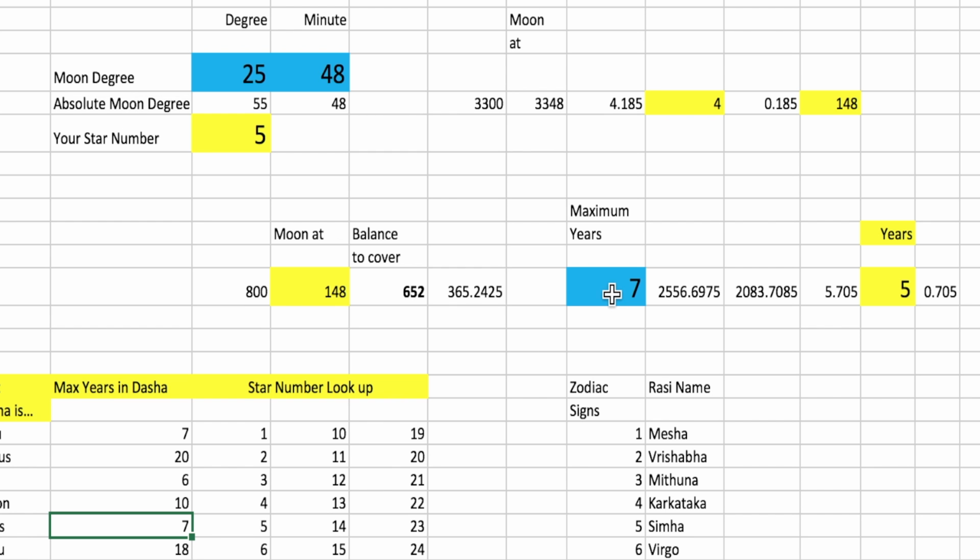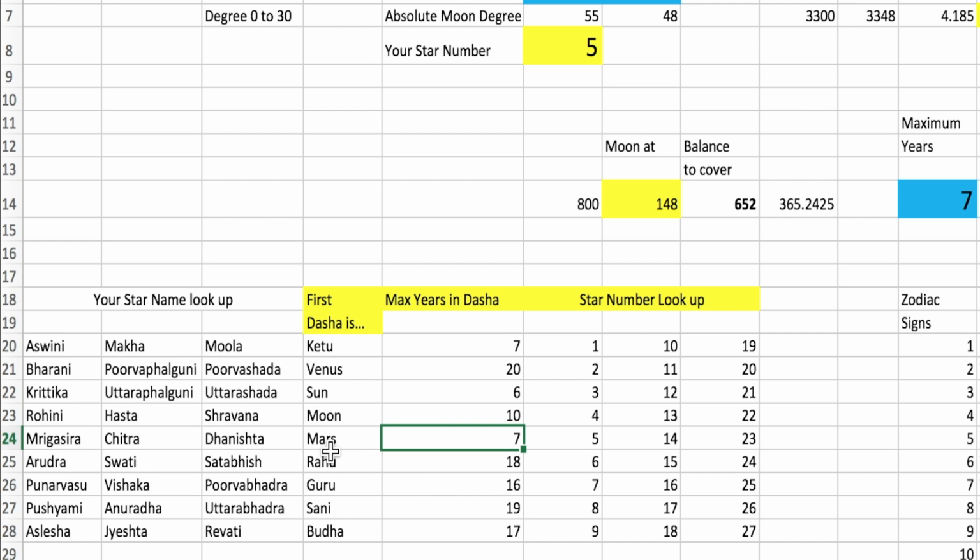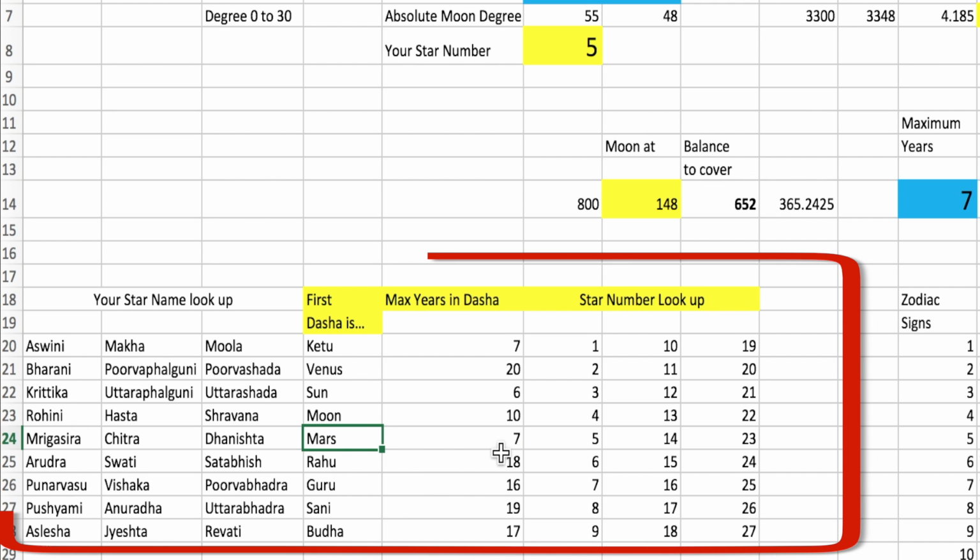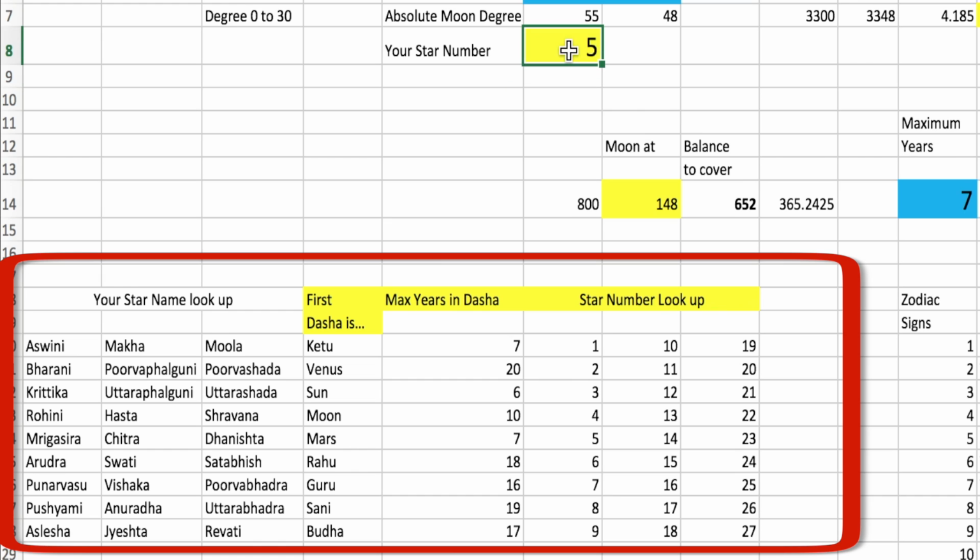The next thing we should know is, for star number 5, what is the maximum years allotted in the Mahadasha. So we use this table here, and we want to know where this 5 occurs, and it is over here. Star number 5, 14 or 23, doesn't matter which one, it's always ruled by Mars, and Mars always rules for 7 years in its dasha.